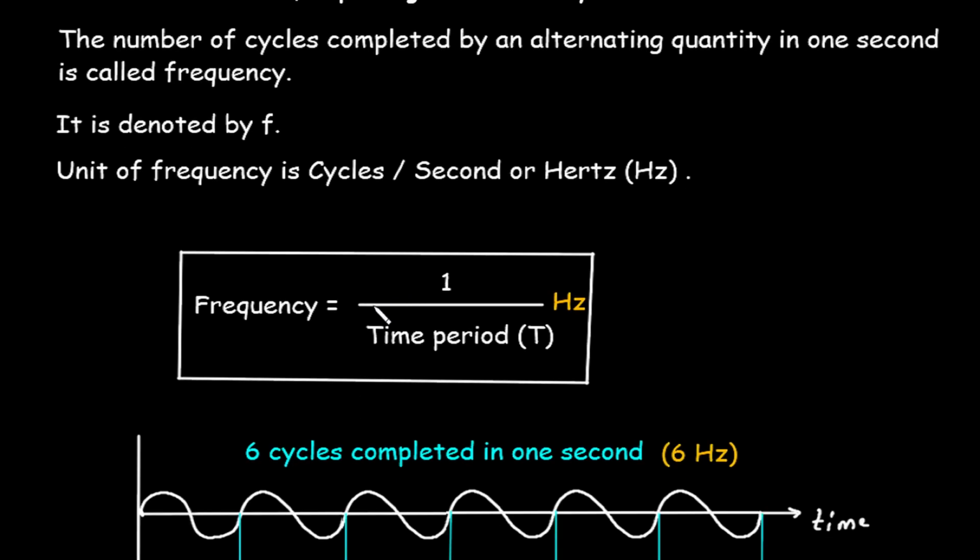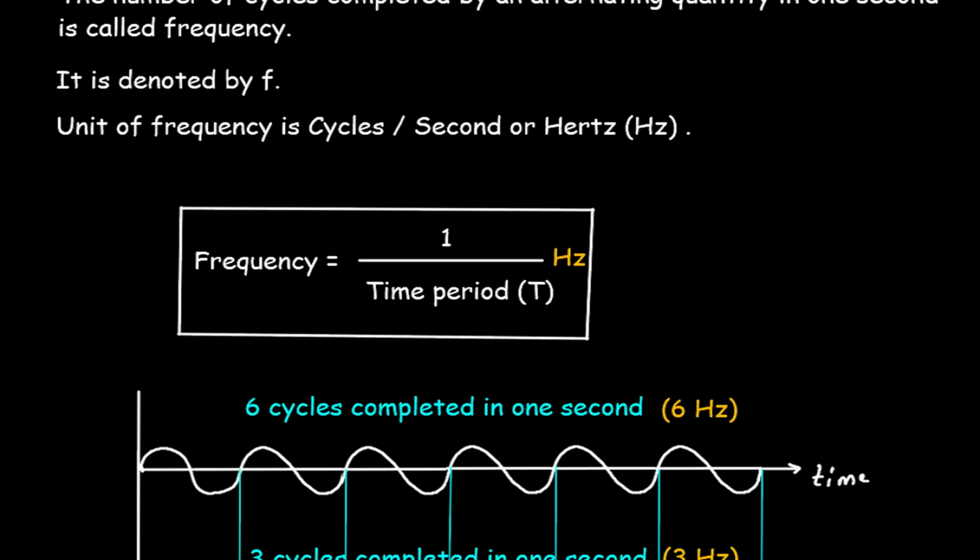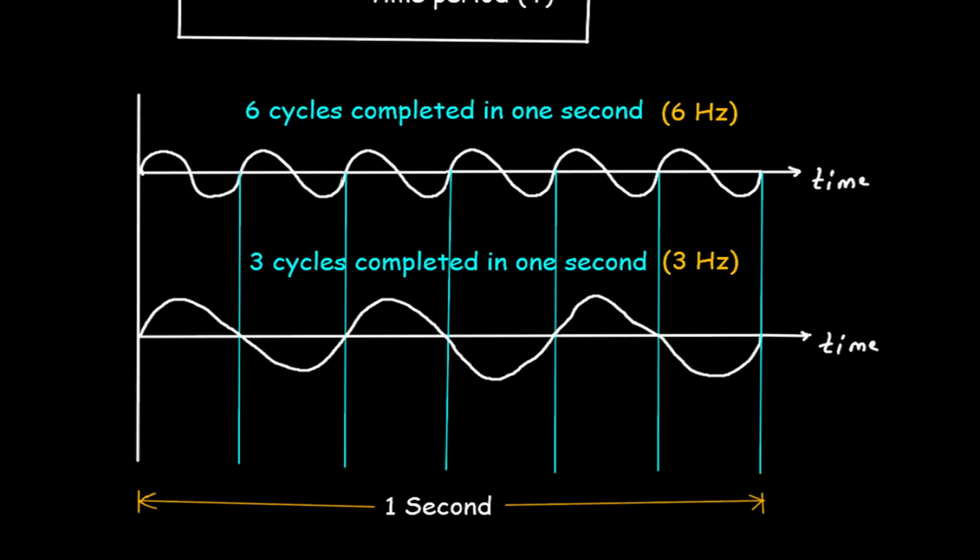Also remember that frequency is the reciprocal of time period, or we can say frequency is equal to 1 upon time period. Time period is represented by capital T and it is measured in seconds. Now here, for this waveform, from here to here, this time period is 1 second.